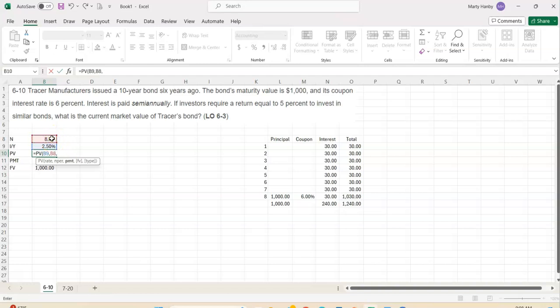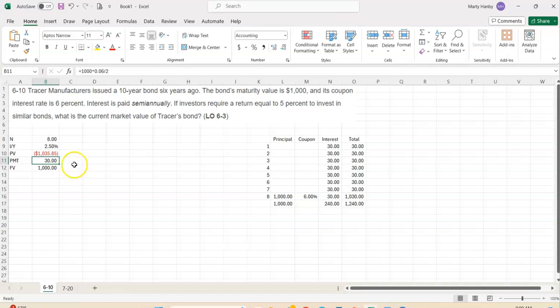Remember to hit a comma between each of them, and literally do it exactly the way it's shown here. The payment, hit the down arrow to get to it, because it's kind of hidden. And then future value. We don't have to worry about type because payments are made at the end of the period, which is correct.